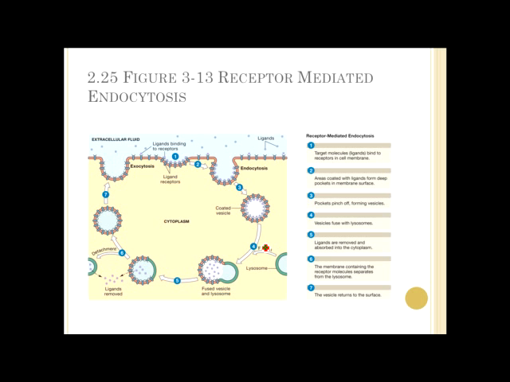And here we go, a little bit of an overview of this. These are the ligands that I was speaking of. These are receptor mediated. This will form a little pocket and then it'll kind of wall it off. And this is a coated vesicle that allows a lysosome, one of the organelles in the cell, to break it down and take this part and distribute it around the intracellular area.